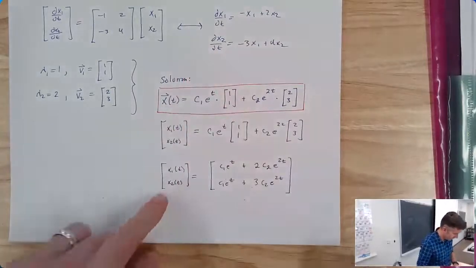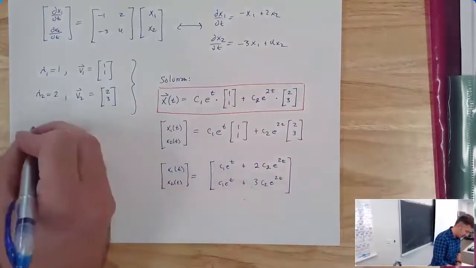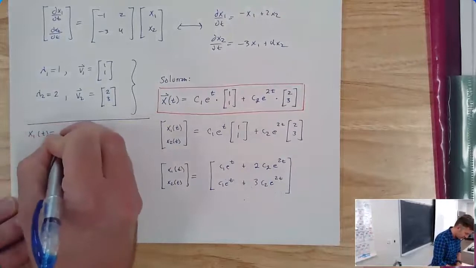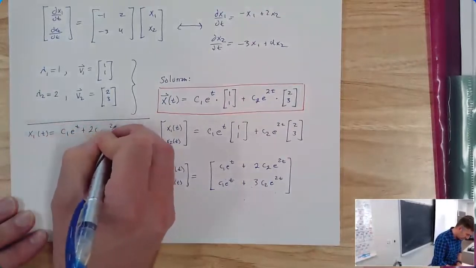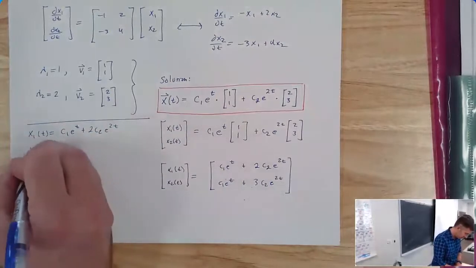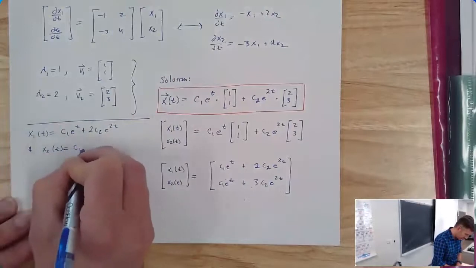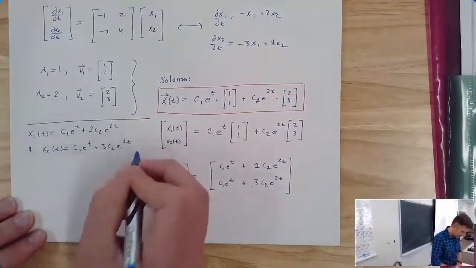So x1 of t is equal to c1 e to the t plus 2c2 e to the 2t. And similarly, x2 of t is equal to c1 e to the t plus 3c2 e to the 2t.